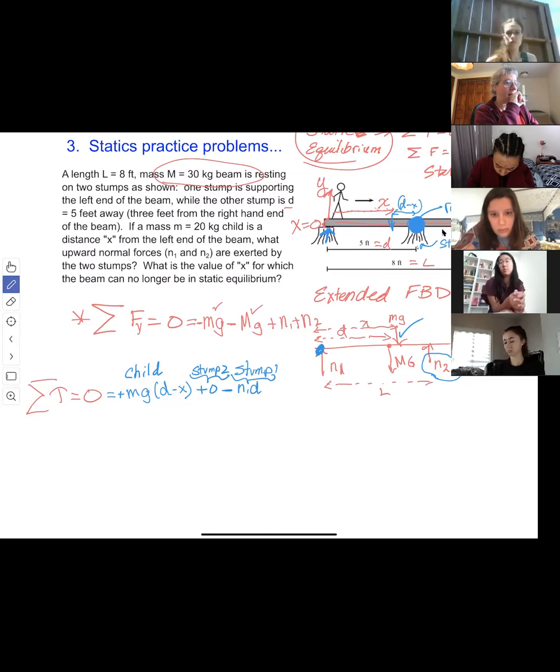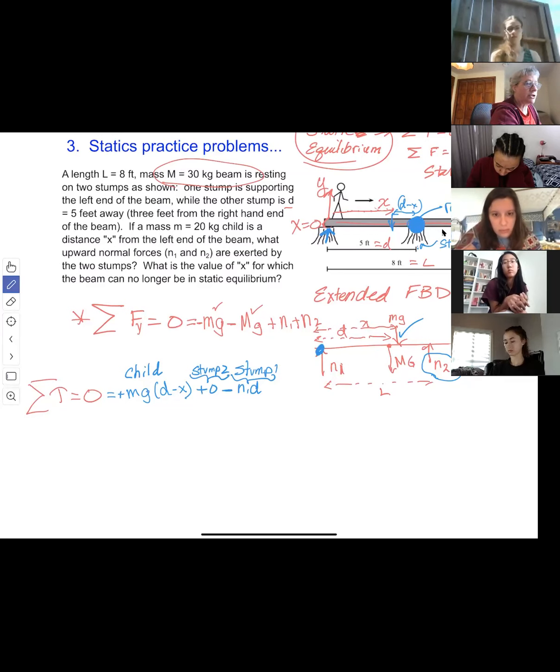Would it be the distance from the center of mass to the stump too? Yeah, just like when we considered the distance between the rotation arm and the center of mass for the gravitational torque.